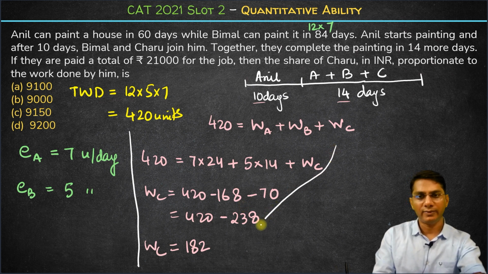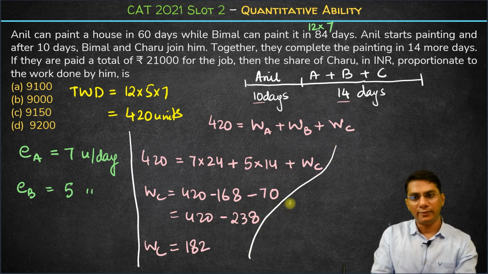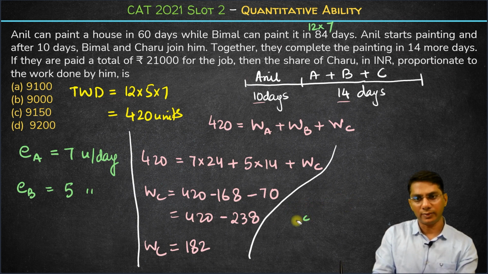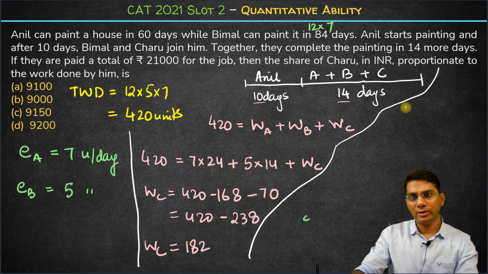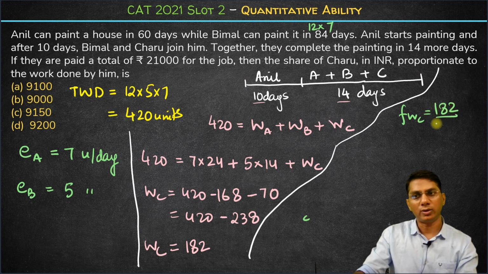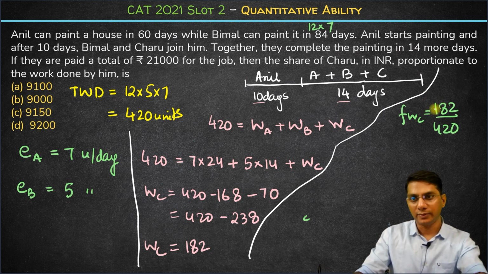Now if this is the work done by Charu, the fraction of work done by Charu will be how much? Charu does 182 units out of a total of 420 units. Okay. So let's simplify this. This goes by 2, 91 times. This goes by 2, 210 times.